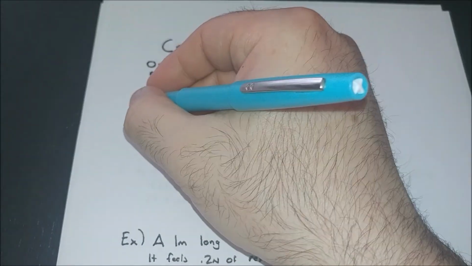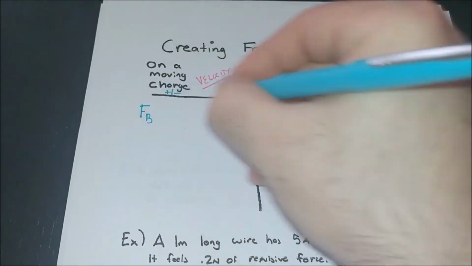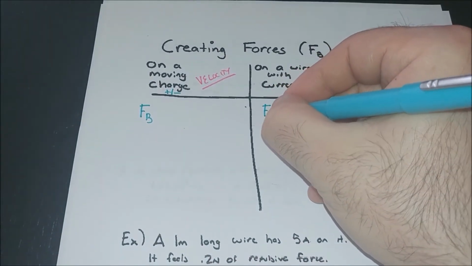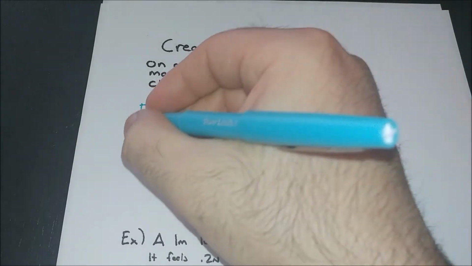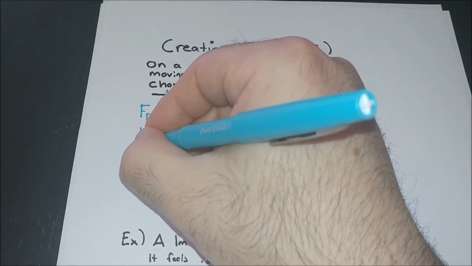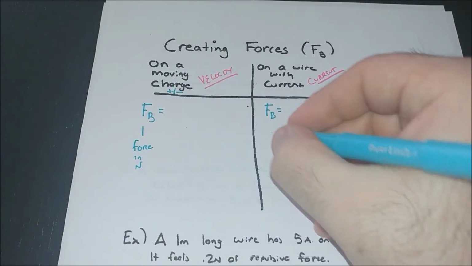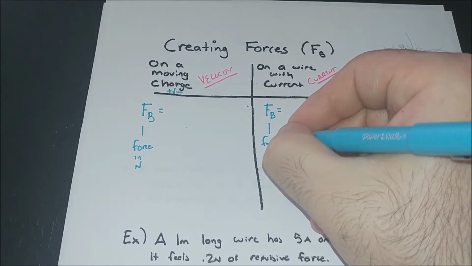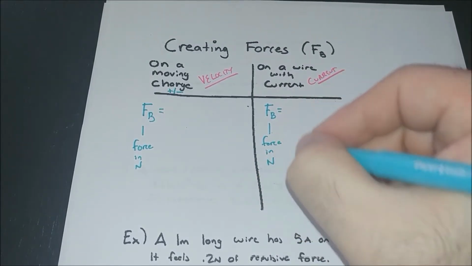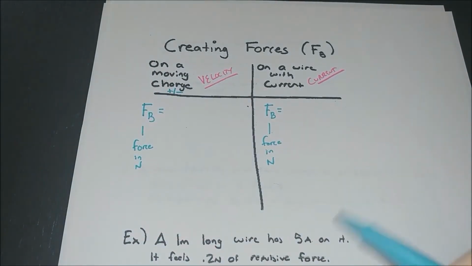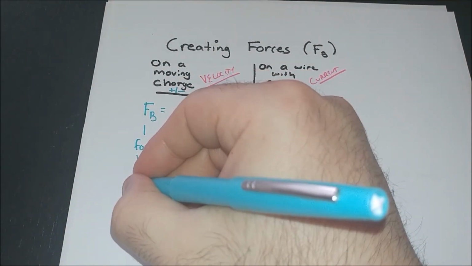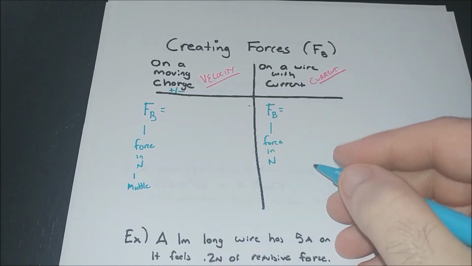So if you want to find the force amount, that's F of B. And as we know, F of B is the force in newtons. And what finger is it? Yep, right there back at you. It's the middle finger when we talk about non-number stuff.